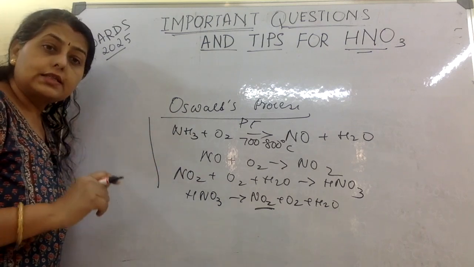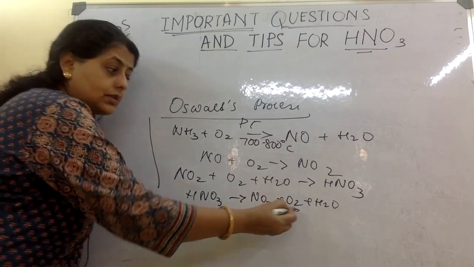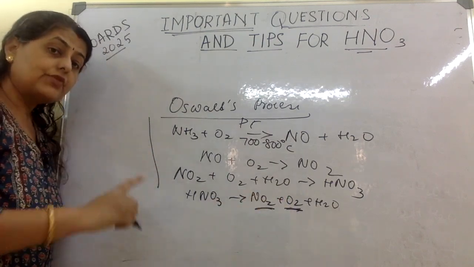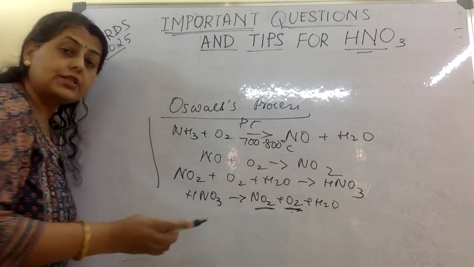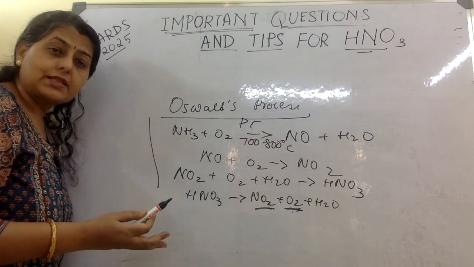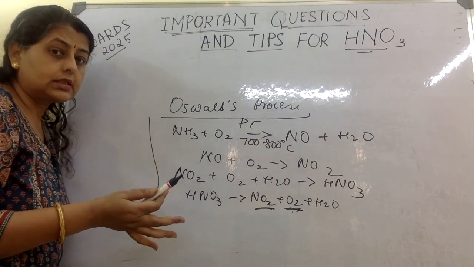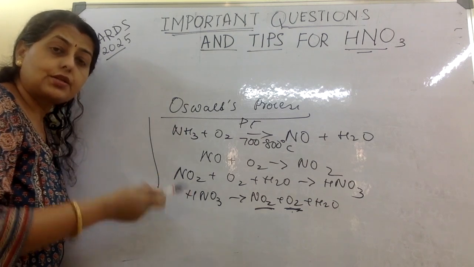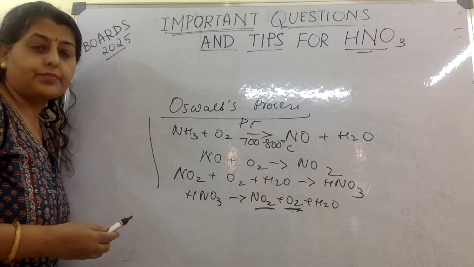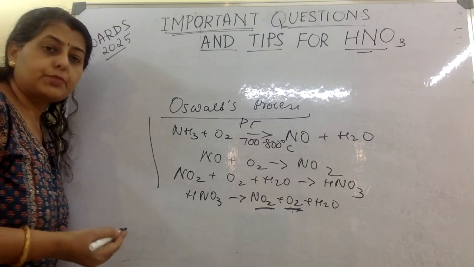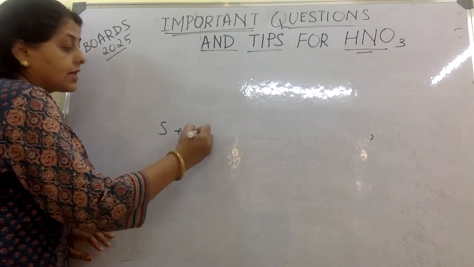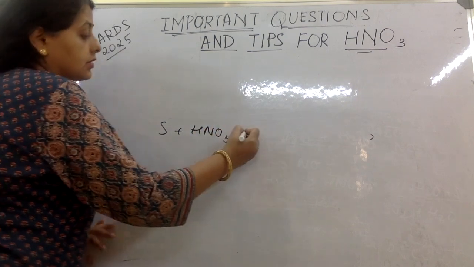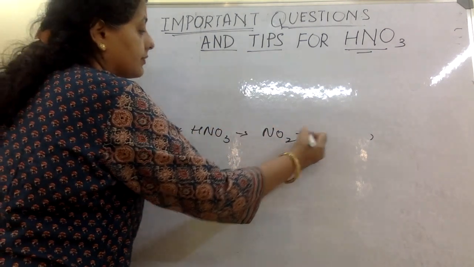The second thing is its oxidizing nature. Here is the reason for it. When nitric acid decomposes, it gives out oxygen, and so it has the capacity of oxidizing many substances. We'll see one reaction which shows its oxidizing nature. This is also asked in many question papers.